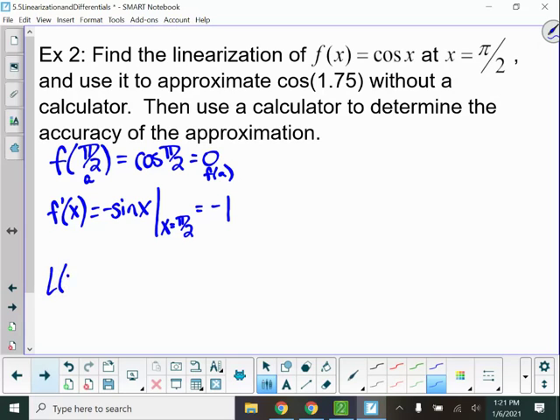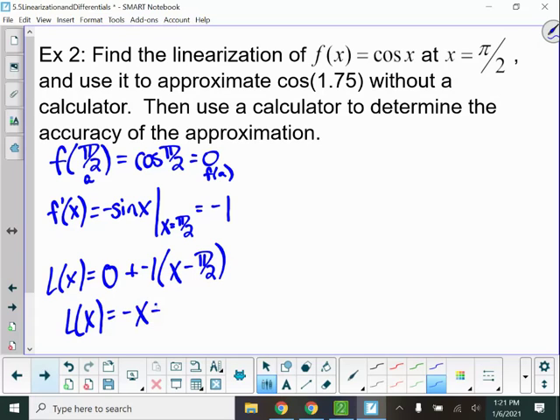So our linearization formula is my f of a value, which is 0, plus the slope times x minus the a value. And so that is going to simplify to negative x plus pi over 2.